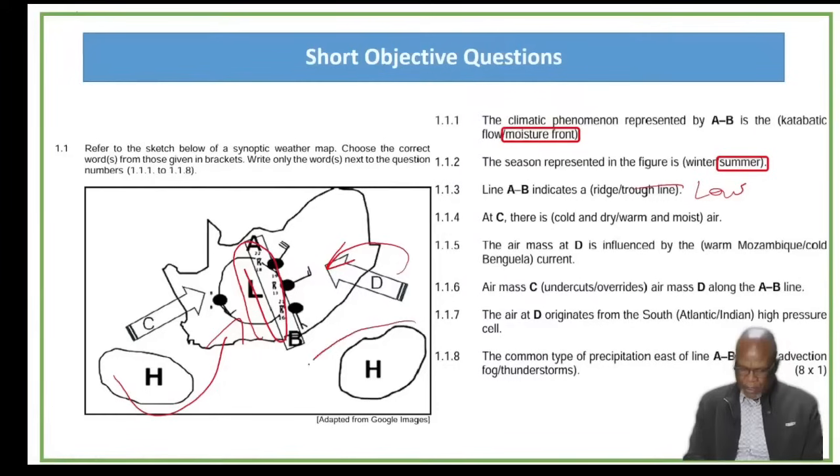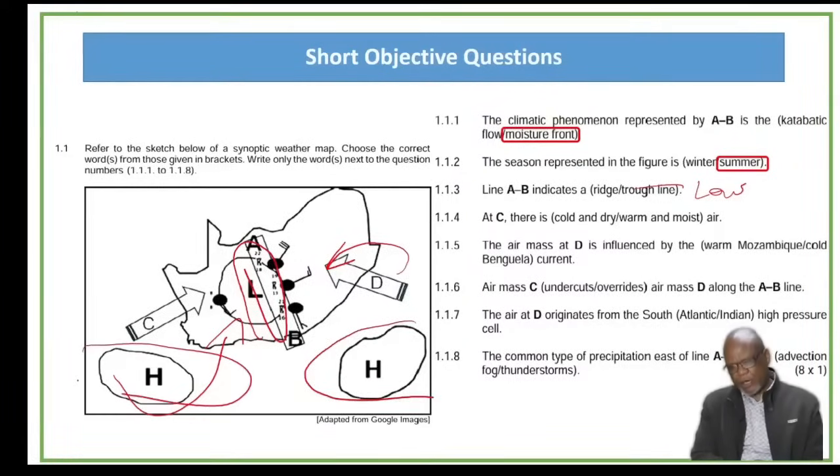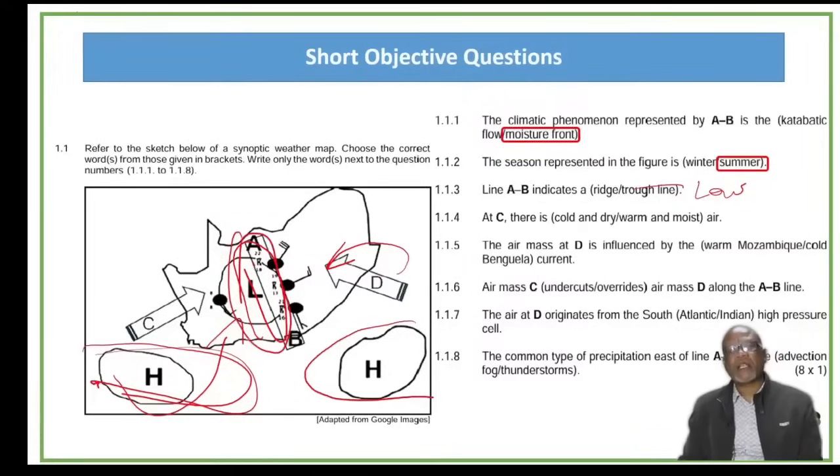Now, this one over here is a high pressure. Once the high pressure becomes longer like that, or extended like that, what do you call it? We call it a ridge. So now you know two concepts here. A ridge is an extended high pressure, and a trough is an extended low pressure.